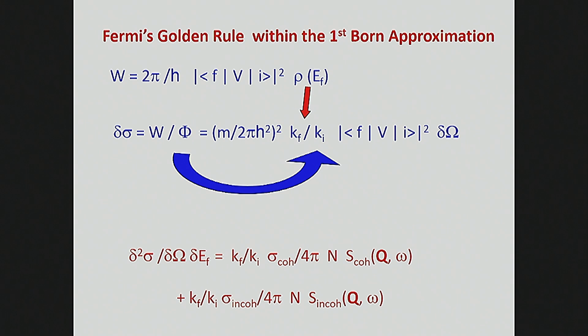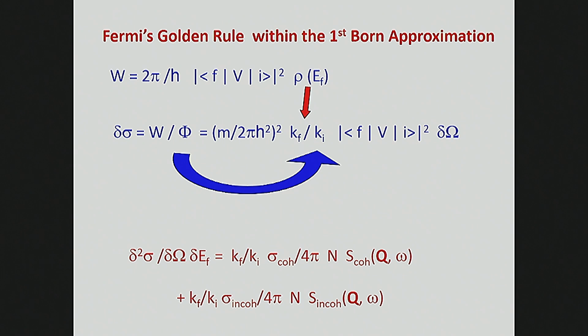And actually, we're not really interested in the transition rate that you calculate here. We're interested in the transition rate divided by the incident flux, because of course, if you have a stronger source, you're going to get more transitions. You're going to get more scattering, okay? So we're going to want to normalize this per unit flux, and its incident flux.